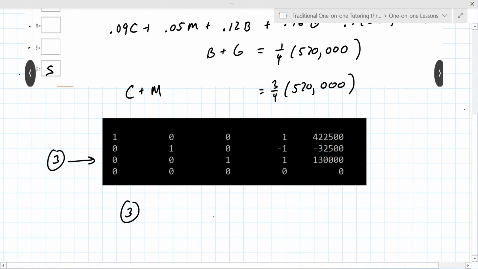This third column is B. It's B plus S equals 130,000. So B is equal to 130,000 minus S, because you just subtract it from both sides. And that's what goes here.